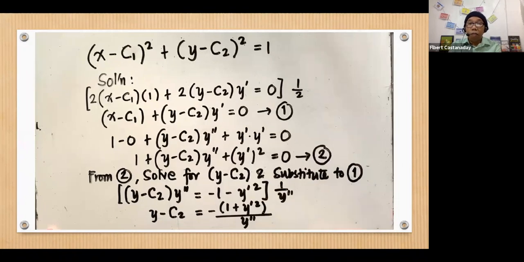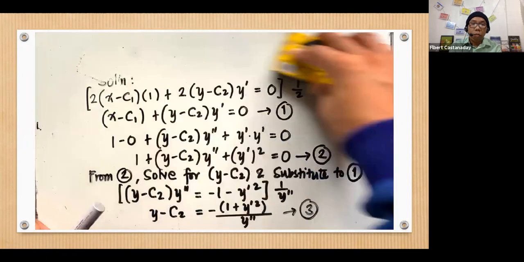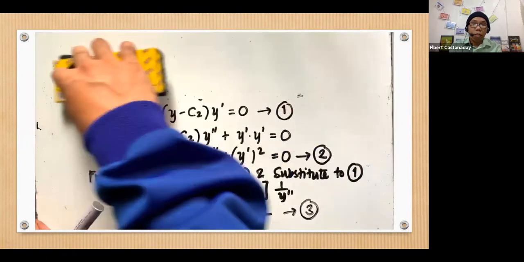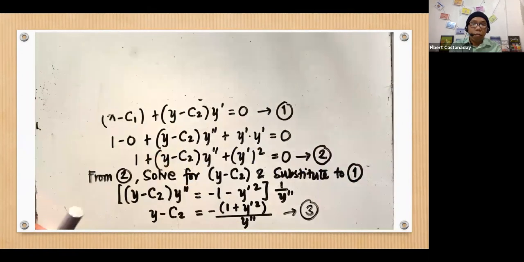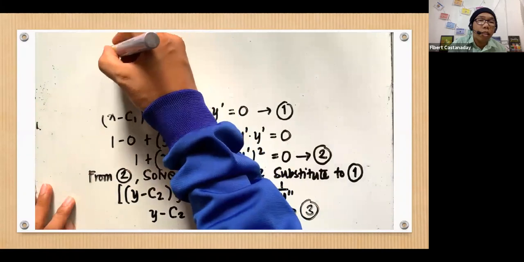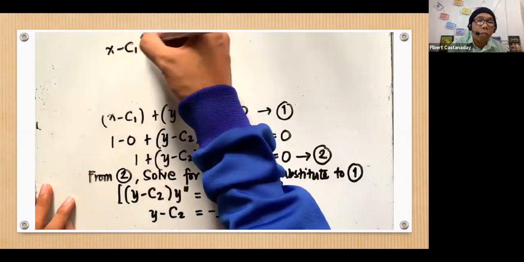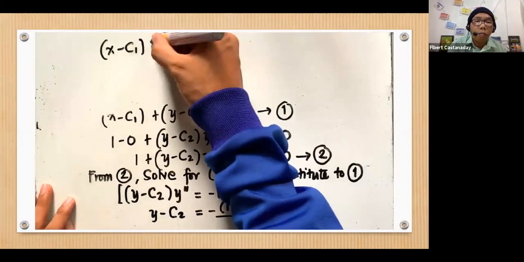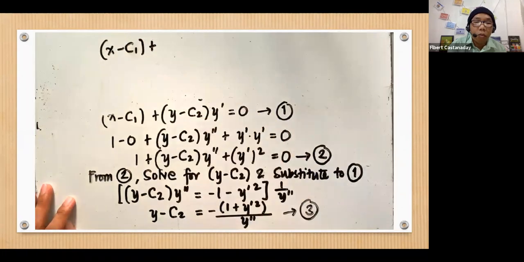Now this is the equivalent of y minus c sub 2. We label this as equation number 3, and we plug in this equation to equation 1. So we substitute now. Before that, we copy equation 1. So just write x minus c sub 1 plus, ano yung y minus c sub 2? Ito yun.